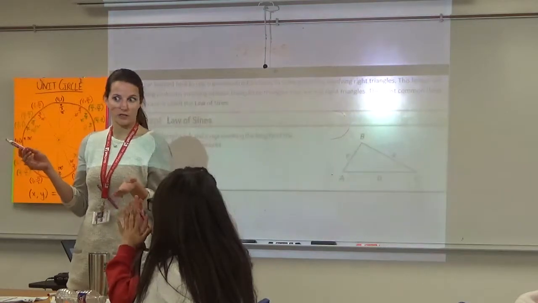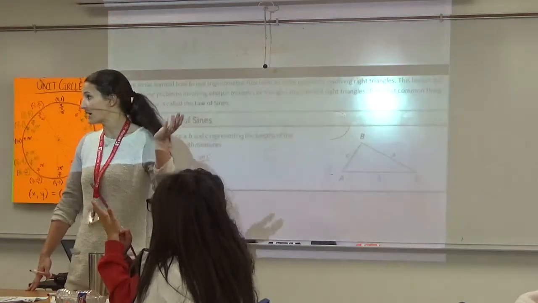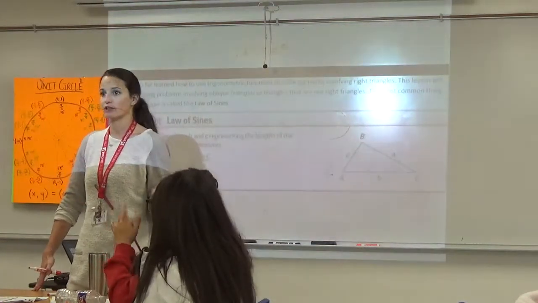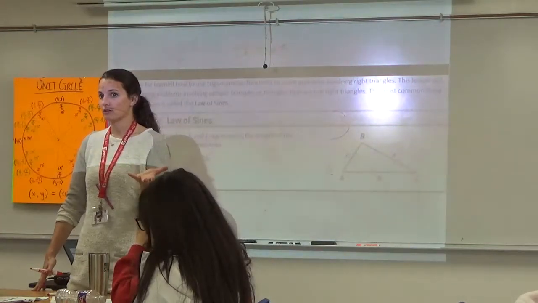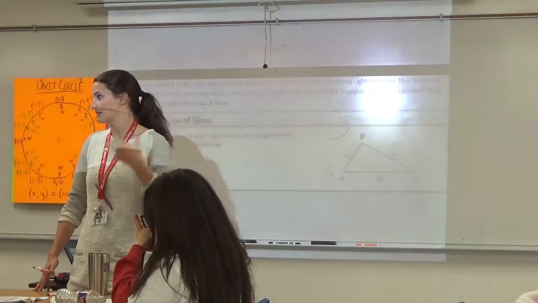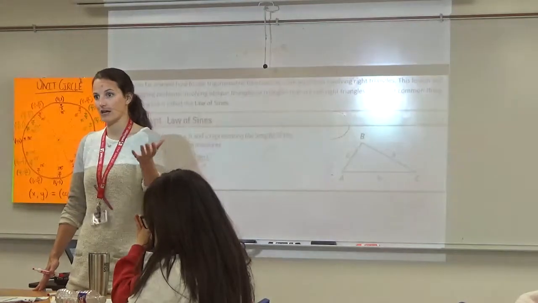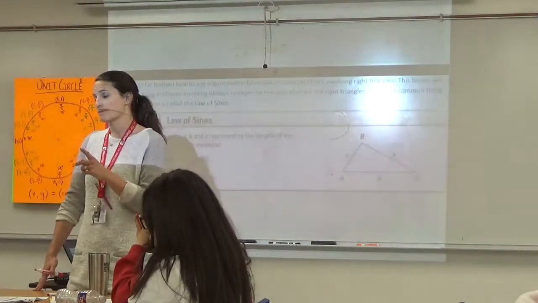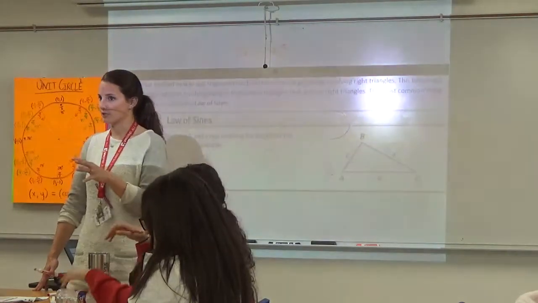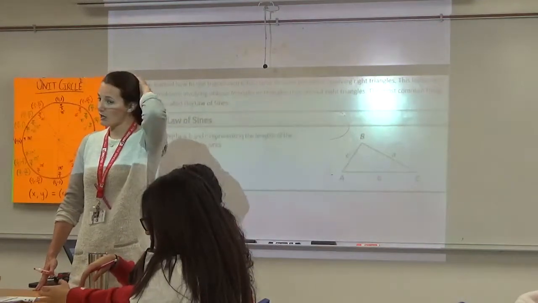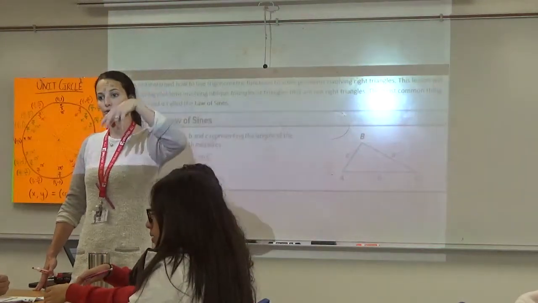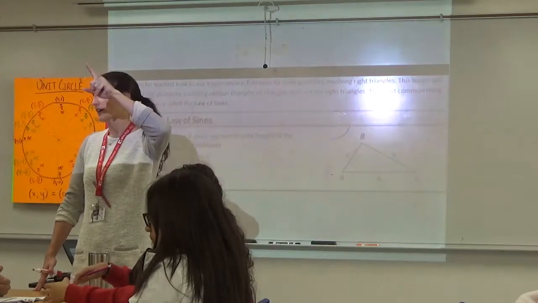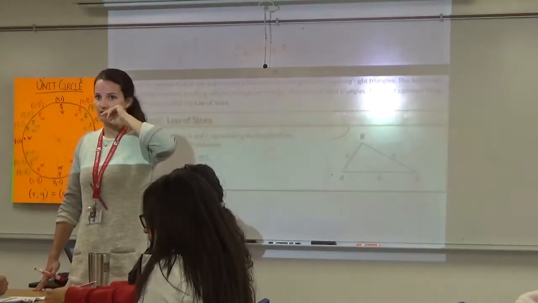So you might have been wondering, maybe from the first day, well, what happens when I have a triangle that doesn't have a 90-degree angle? Is there any way I can find the sides and the angles, or am I just stuck, right? And you can't use sine, cosine, tangent like we normally do, because that only works for right triangles, but what you can use are a couple rules that we're about to learn. Law of sines today and law of cosines tomorrow, okay?